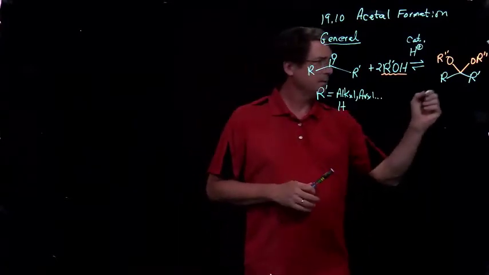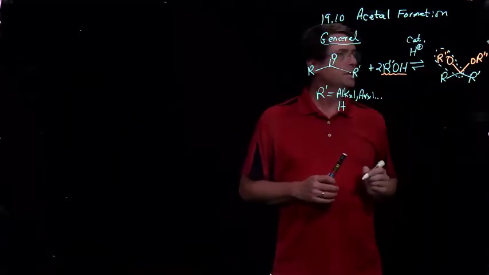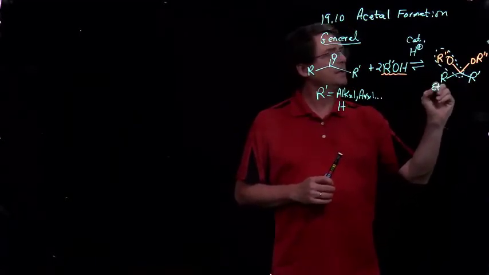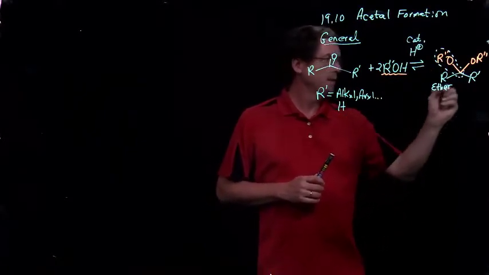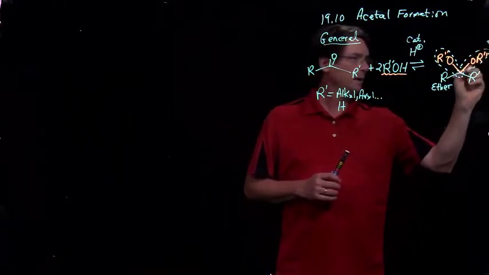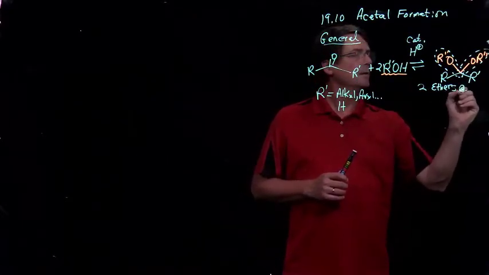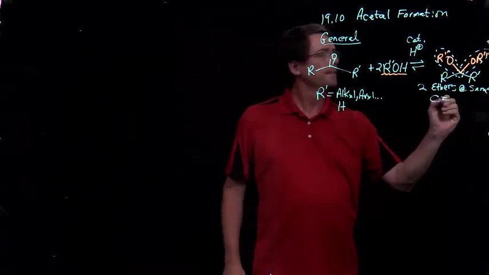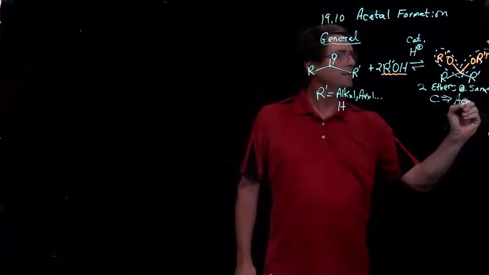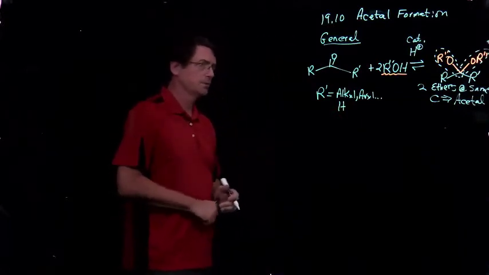What we have now effectively, if we just look at this, this is an ether linkage, carbon, oxygen, carbon. And the same on this side, we have two ethers at the same carbon. And this is an acetal. Okay, that's the acetal functional group.